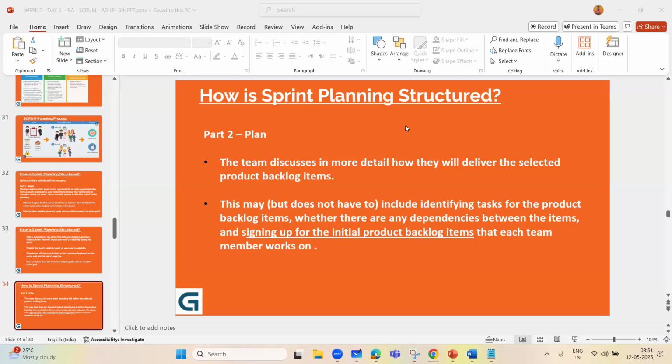Guys, think logically and give me the answer. If you're doing online banking fund transfer from one party to another party, what should be the minimum dependency? For fund transfer to be successful, what is the dependency over here? Account number.